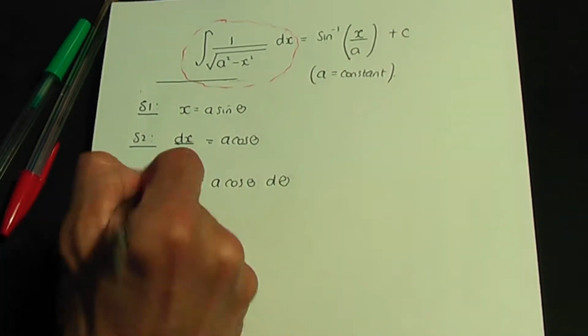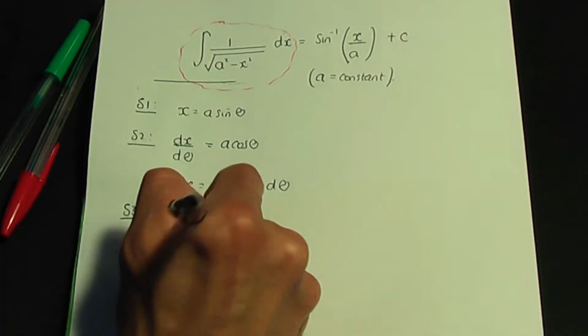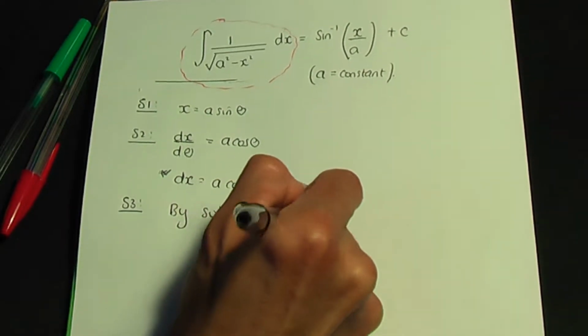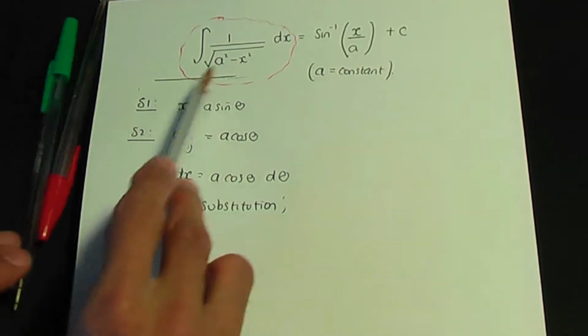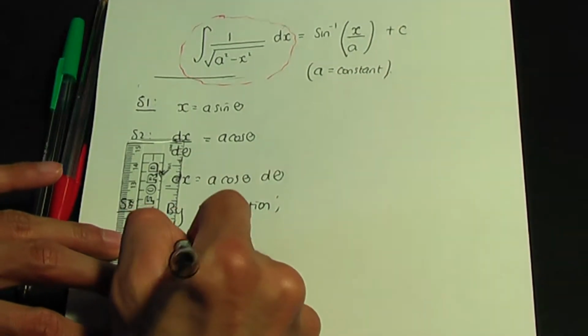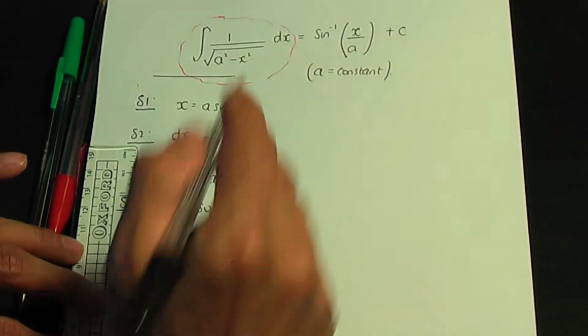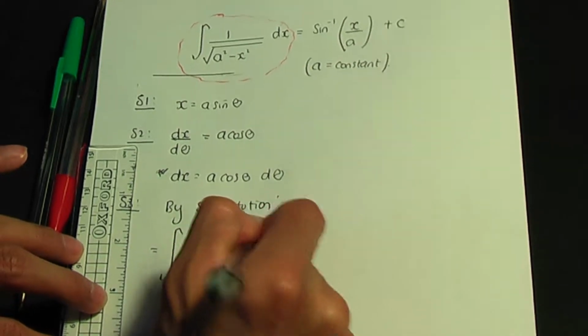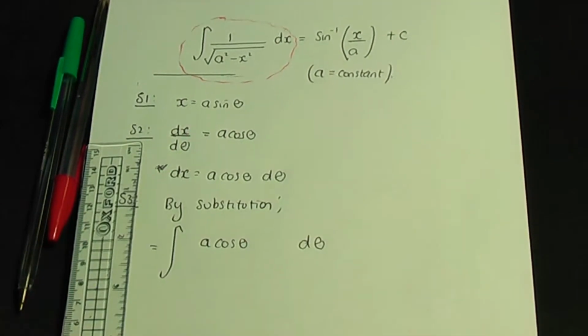So this takes us to step 3. By substitution, let's rewrite this integral that we have on the left hand side. Integration sign. Dx, as we discussed, we'll replace that by a cos theta d theta.